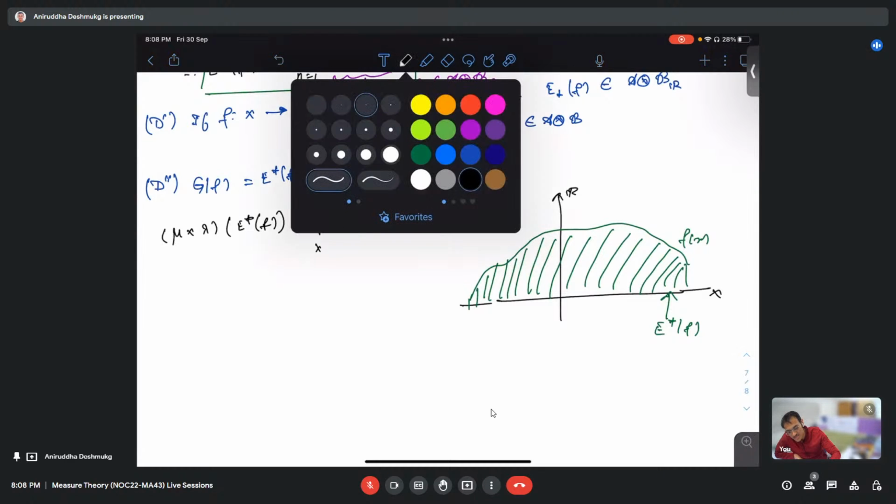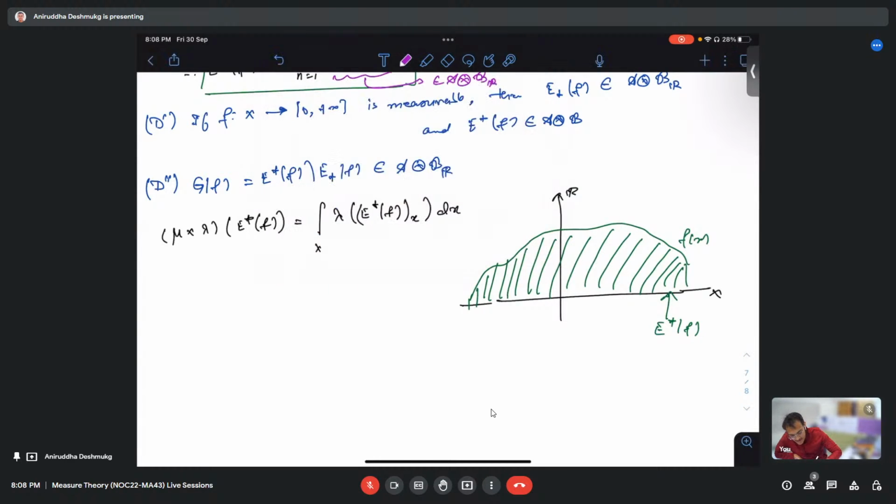Again, here we are using the fact that integral over x, integral over y, chi E of (x, y) dy dx is the measure of E in the product sigma algebra, and this is also equal to integral over y, integral over x, chi E of (x, y) dx dy.